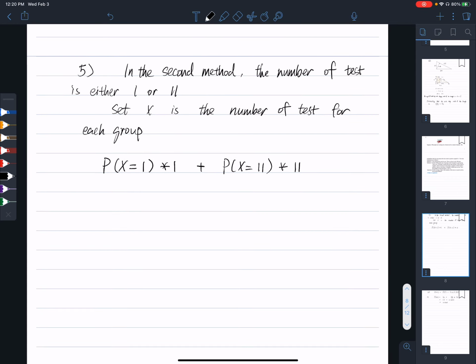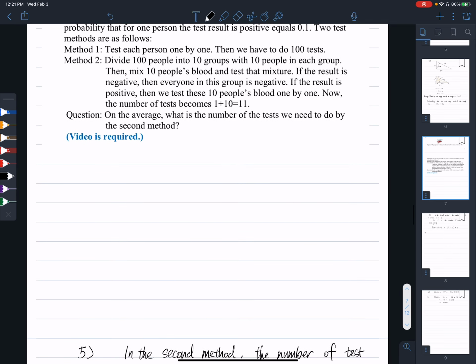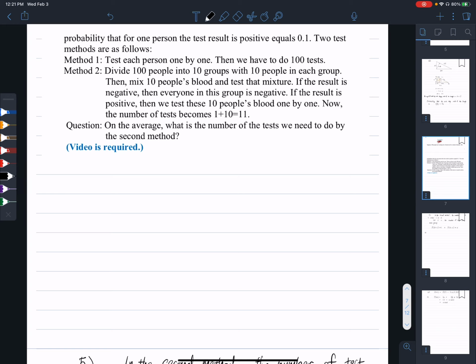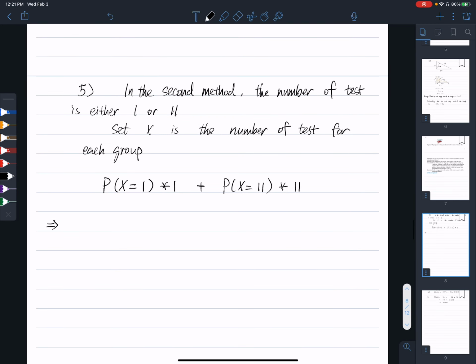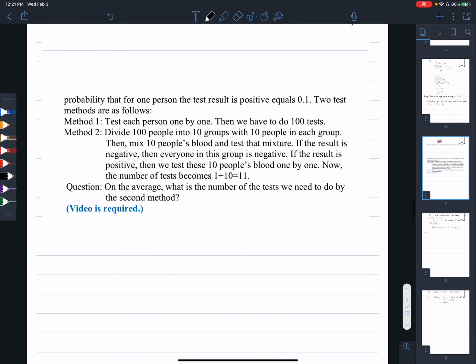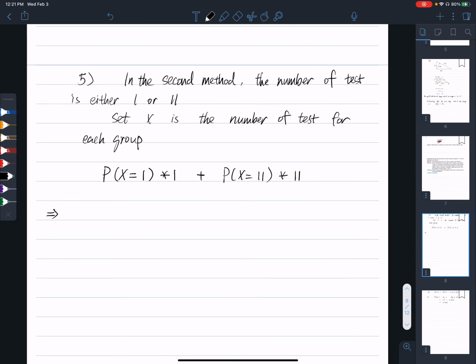Okay, so for the test number, we only need to do the test one time if all 10 people in the group have negative results.